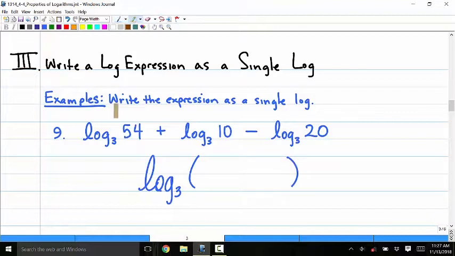To squish these two, you see I have a plus between them. So that means to multiply this number and that number. So I'm going to do log base 3 of 54 times 10.